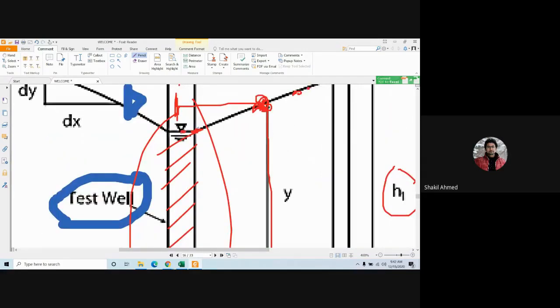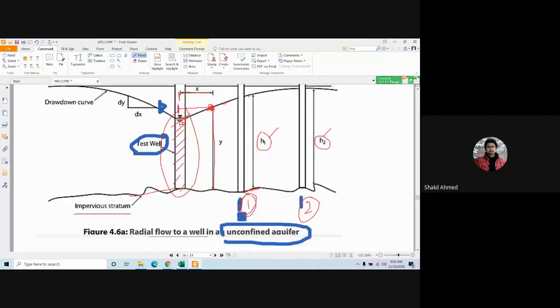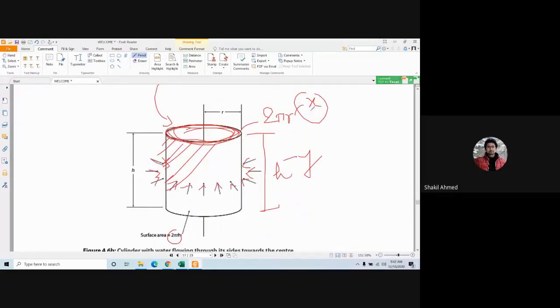At this point, what is your radius? Your radius is X, if I call it X. And what is your height here? Height will be Y. So we are replacing R and H as X and Y.